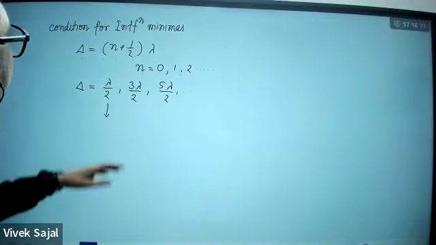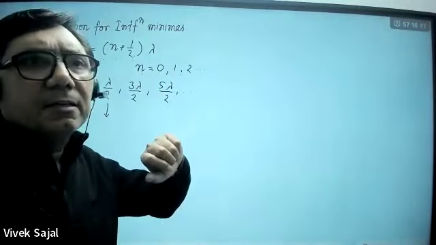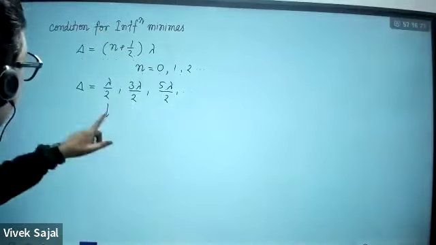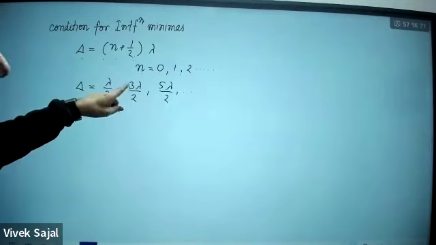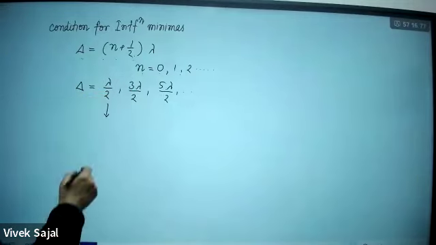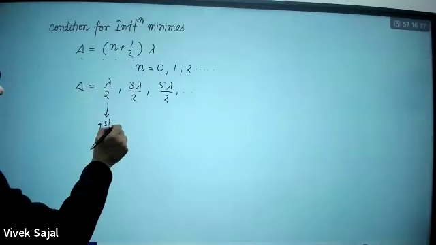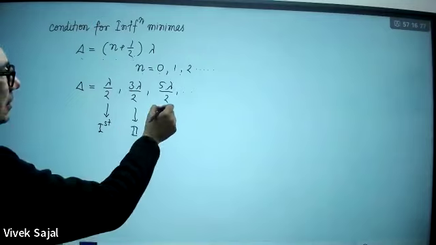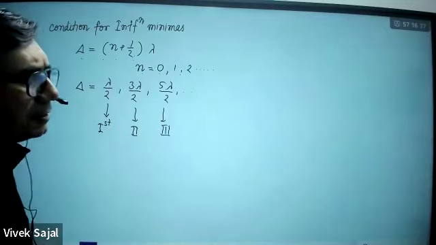This is a mathematical expression, but you have to understand first minima you are going to get where this delta path difference is lambda by 2. Second minima you are going to get where path difference is 3 lambda by 2. So this is first order minimum, this is second order minimum, this is third order, like this.